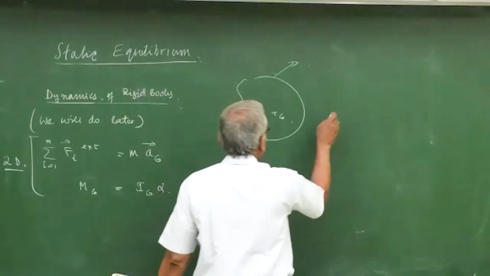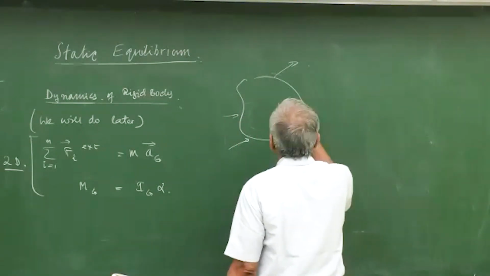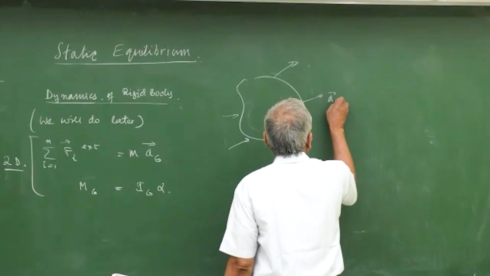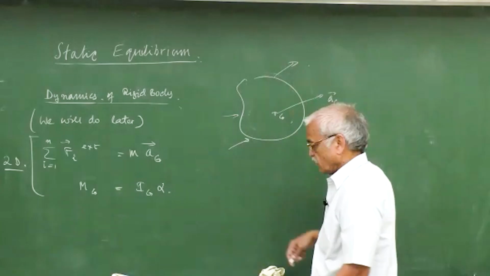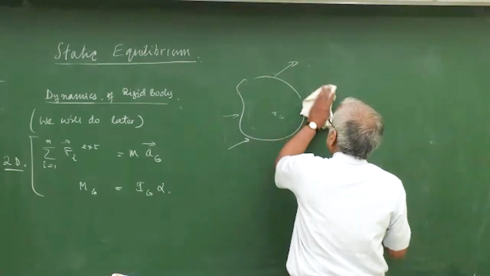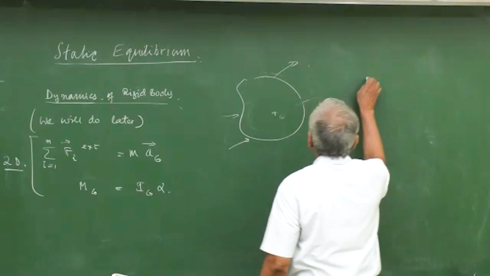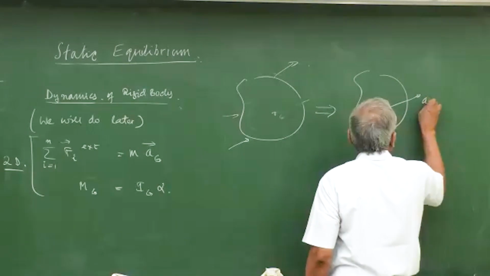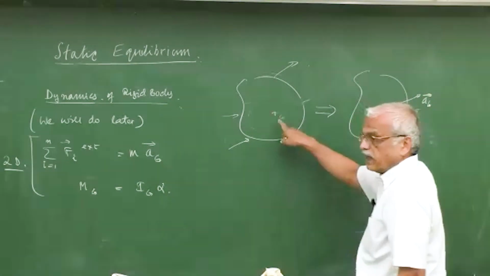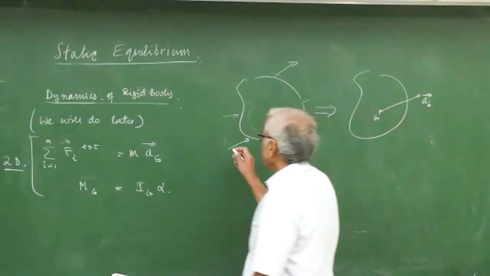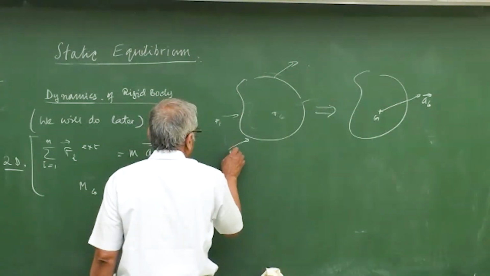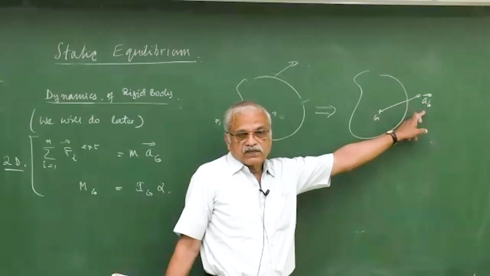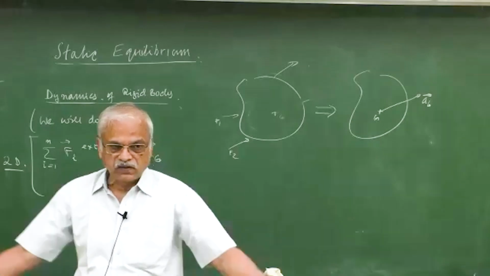This creates an acceleration for G. The effect of all these external forces acting here, F1, F2, and so on, will lead to an acceleration of the center of mass. You know the center of mass.